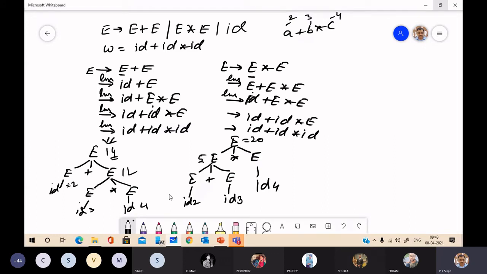Here we are using two operators, an addition operator and a multiplication operator. Multiplication has precedence over addition, but here we are performing addition first and then multiplication. So we are violating the operator precedence norm, and we are getting two different meanings.